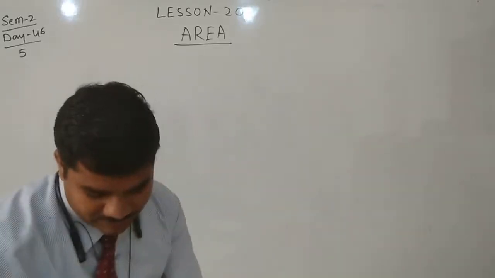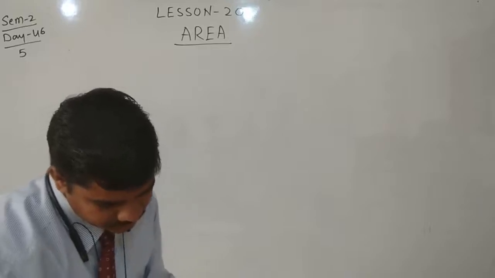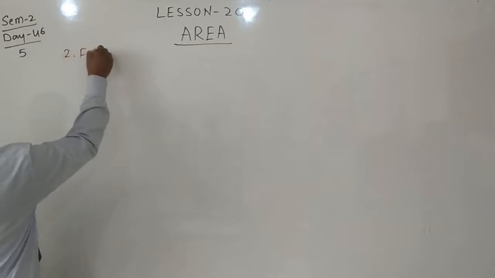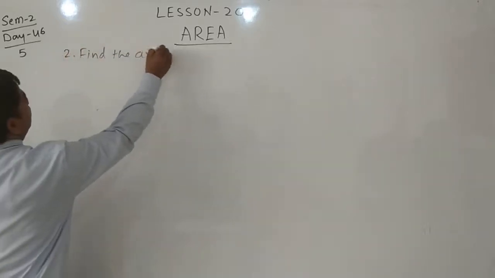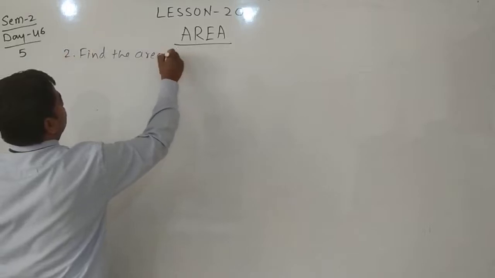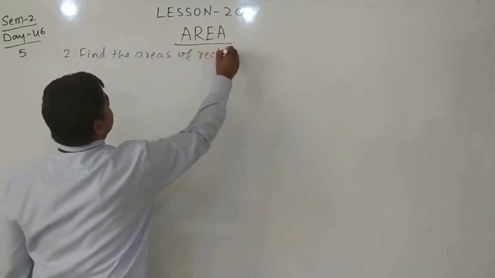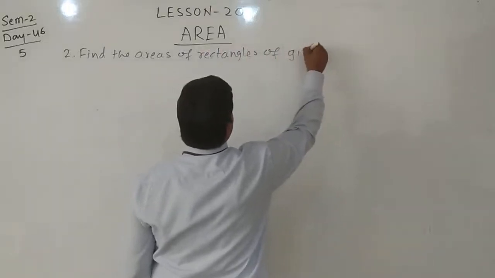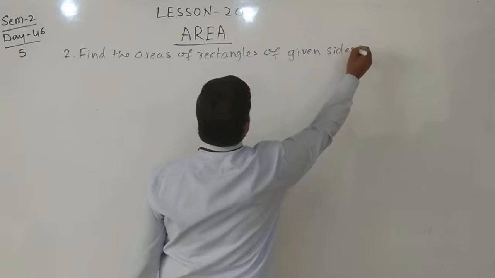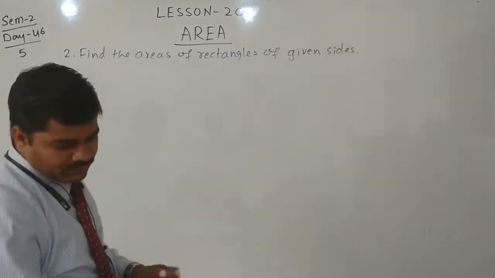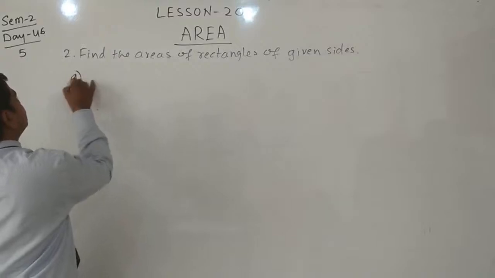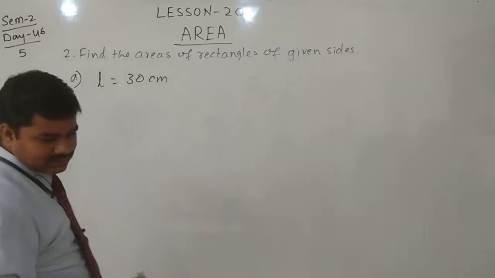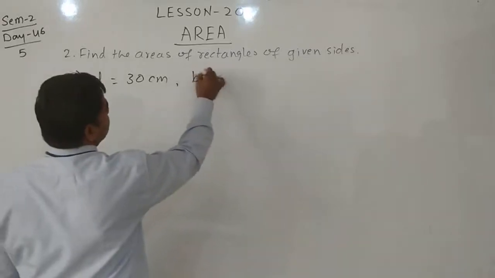Find the areas of rectangles of the given sides. Here length and breadth are given. You should find its area. 30 centimeter length and 100 centimeter breadth.